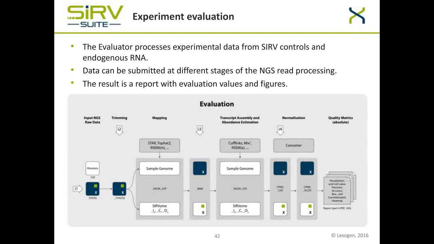Then within the evaluator module, you can assemble the transcripts and quantify them, for example, with Cufflinks. And it is important to note that we have not only one annotation for the SIRVs, but three: the complete, the correct one, an insufficient, and an over-annotated one. So if you want to really challenge your pipeline, you can use those template annotations, or you can also create your own ones.